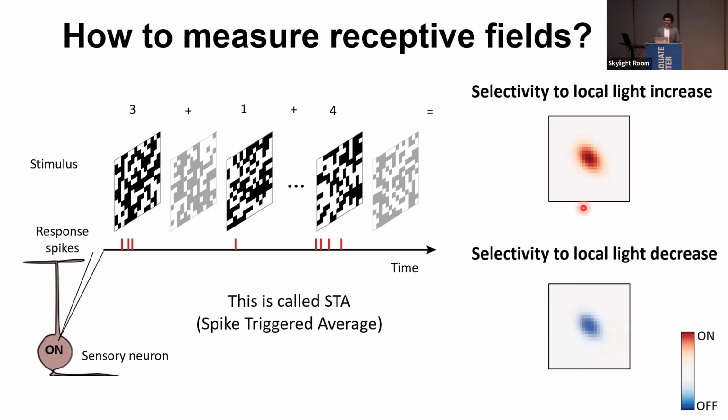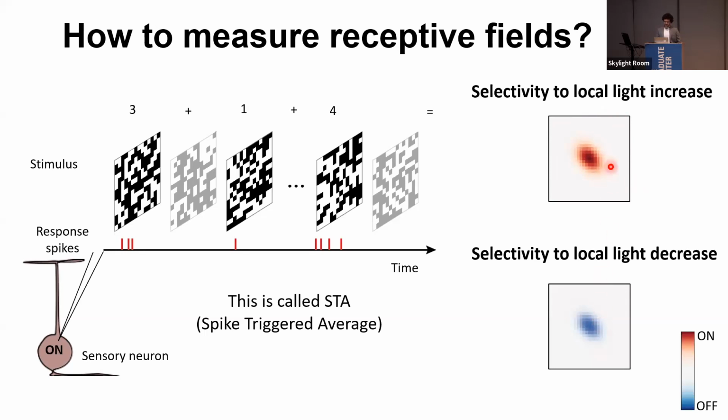And this STA gives us two types of information. One is from the position of the 2D Gaussian compared to the image that we're showing. It tells us what part of the visual field our sensory neuron is affected by, the pixels that are inside the 2D ellipse.